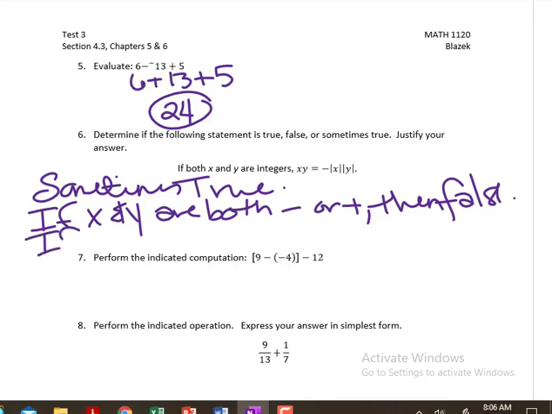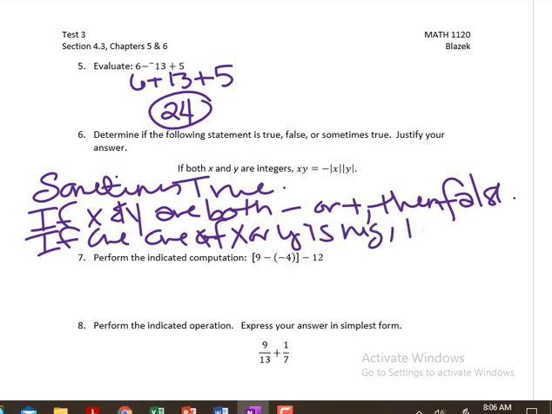If only one of x or y is negative, then it's true. The example would be if x was -1 and y was -1, well, that would be a positive product.